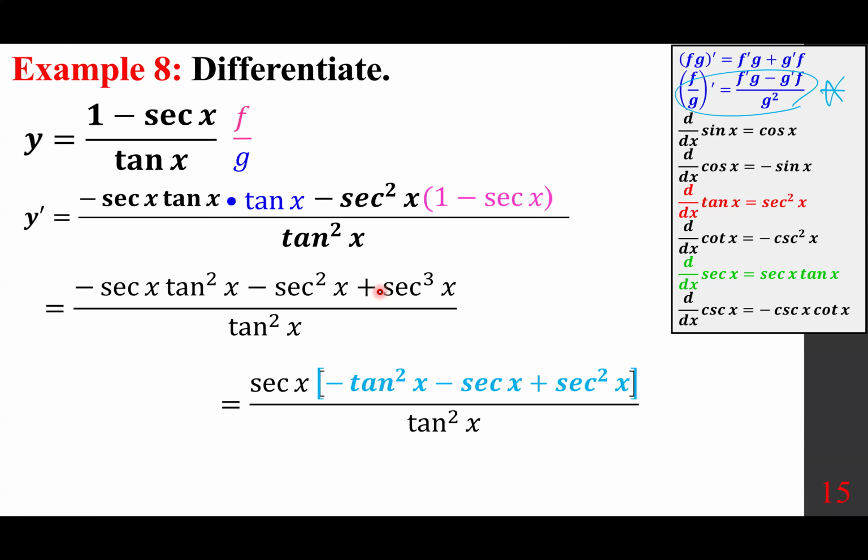One of those Pythagorean identities was 1 plus tan squared is secant squared, which means if I move this, I get secant squared minus tan squared equals 1. Look at this one, and look at this one.